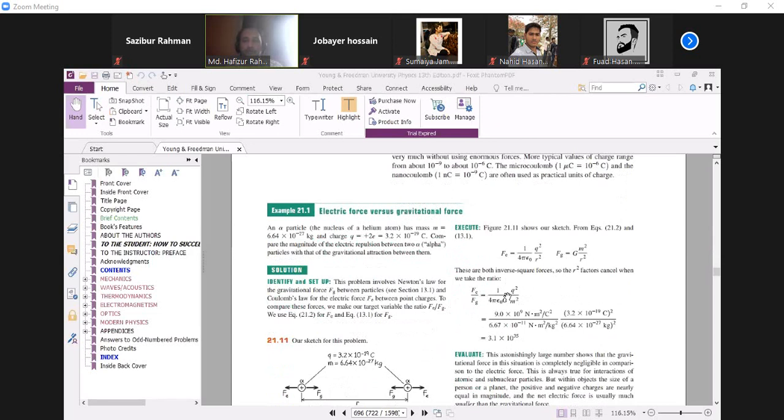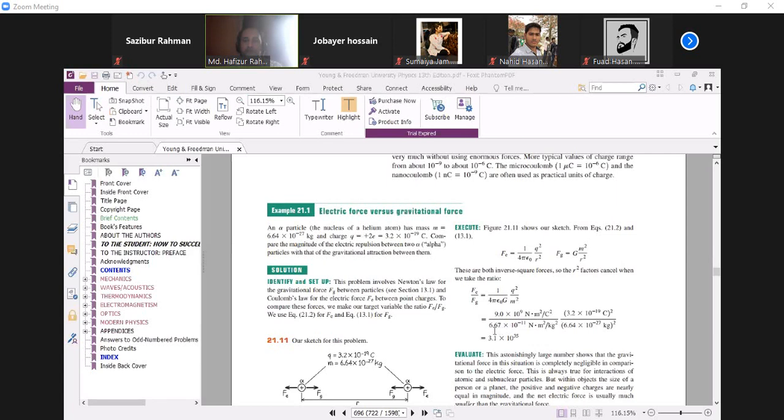Q value is given here. And mass is also given, 6.64 into 10 to the power minus 27 kilogram. So just from the question we will put the values, and 1 by 4 pi epsilon naught is equal to 9 into 10 to the power 9 Newton meter square per coulomb square.